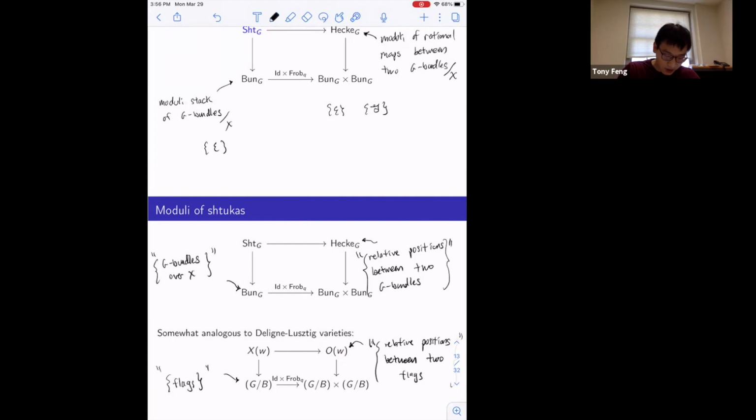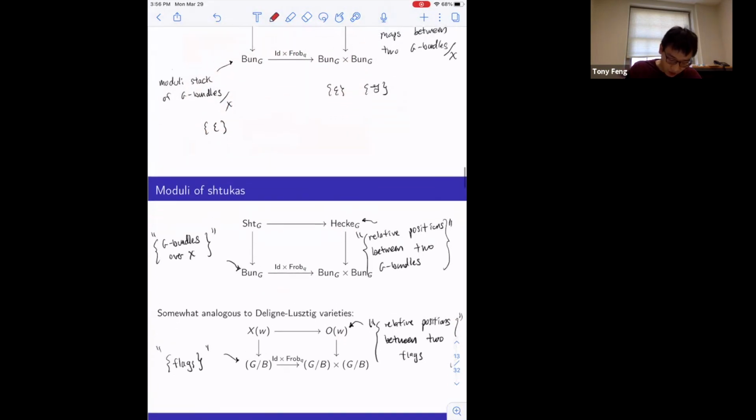So as in the case of Deligne-Lusztig varieties, where a feature of these spaces is that they have many symmetries, they have symmetries of a finite group of Lie type, this Shtuka space has Hecke symmetries indexed by the Hecke operators of your reductive group G. And then you can look at its homology and start decomposing it and refine out interesting Galois representations from there.